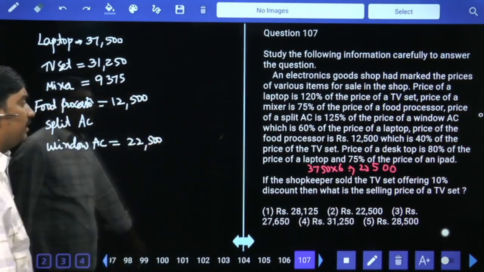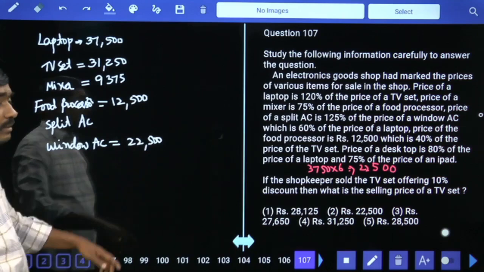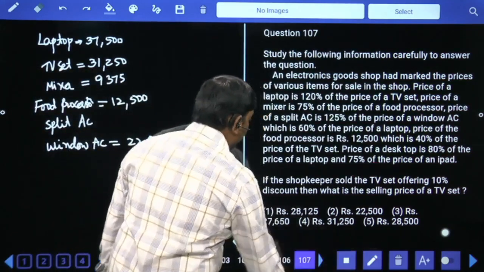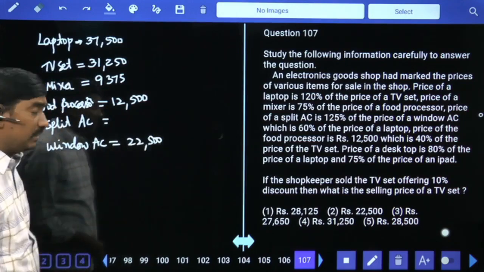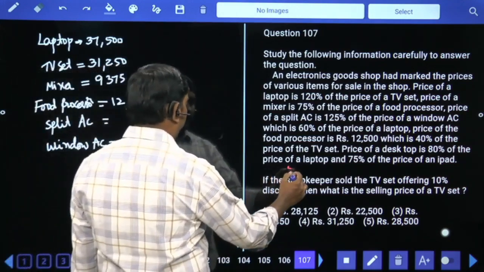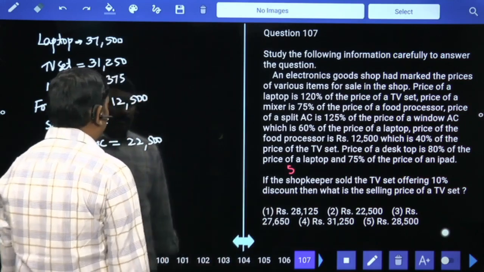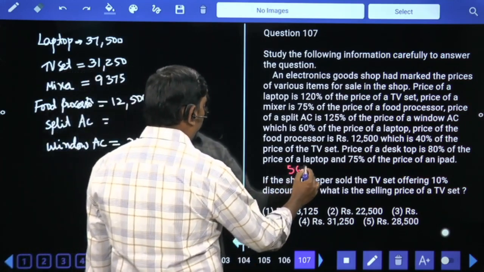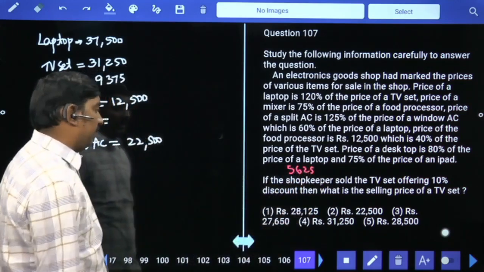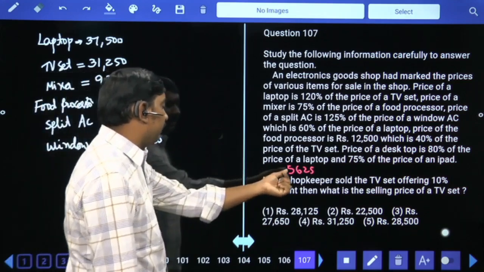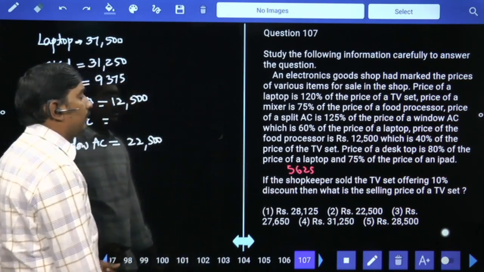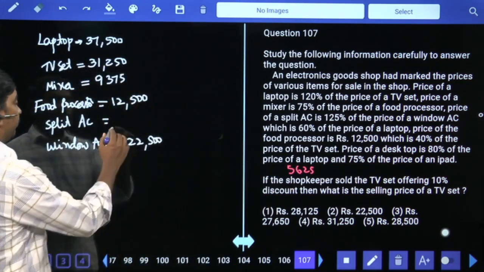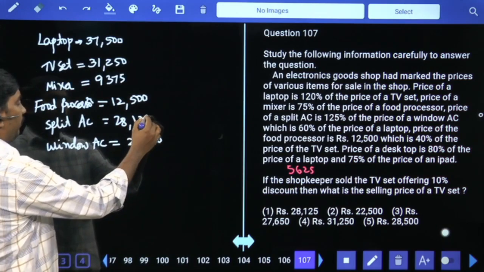The split AC is 125% of the window AC, meaning 25% extra, 1/4 extra. 4 fives are 20, 4 sixes are 24, 4 twos are 8, so 5,625 extra. 22,500 plus 5,625 is 28,125. That is the split AC.